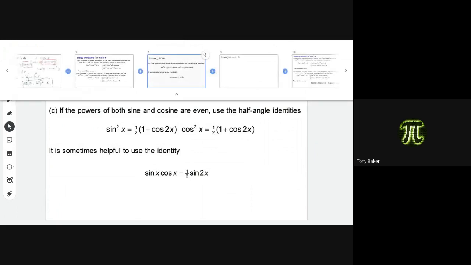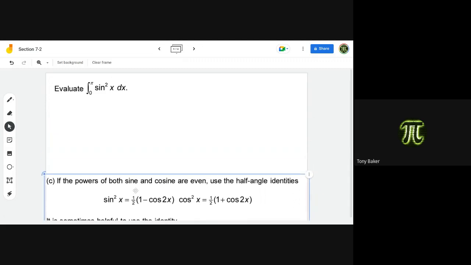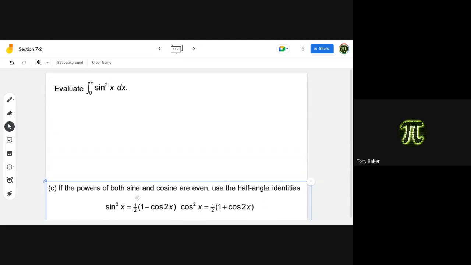All right, so now that we've got that, let's actually do this problem. So I got sine squared x. Let's change it.